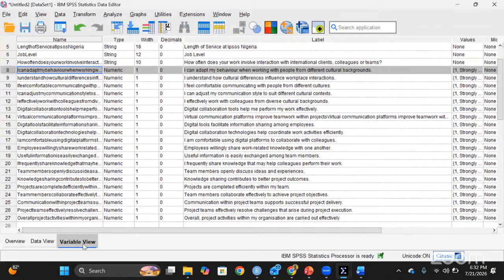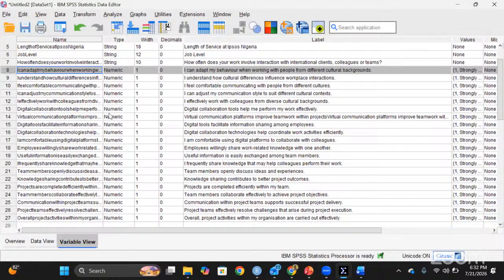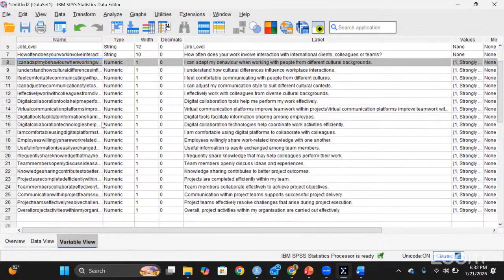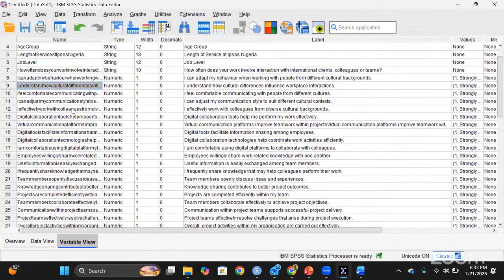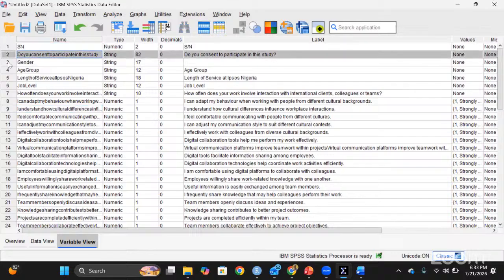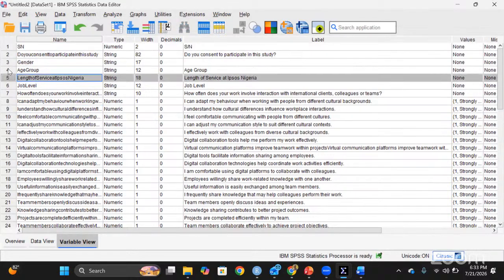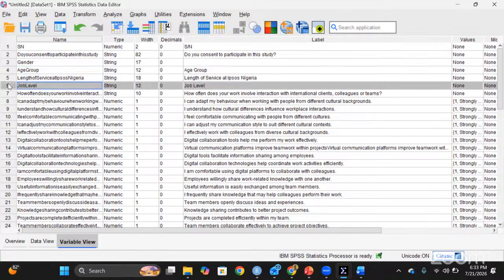I said something about variable view the other time. What did I say variable view means? That day I was asking how many of these are here, and you answered 26, and I said no, it's 27. So what does each of these rows mean? How many questions are asked in the questionnaire?